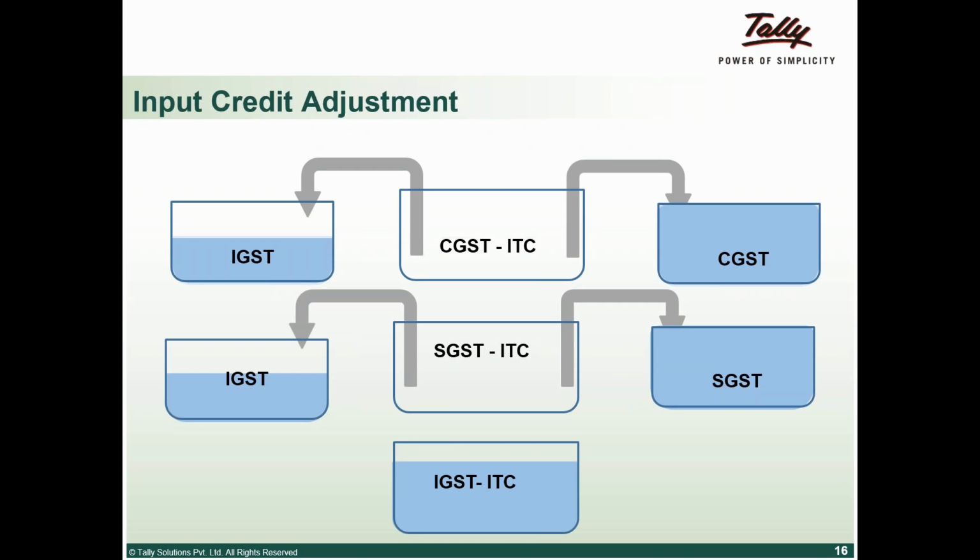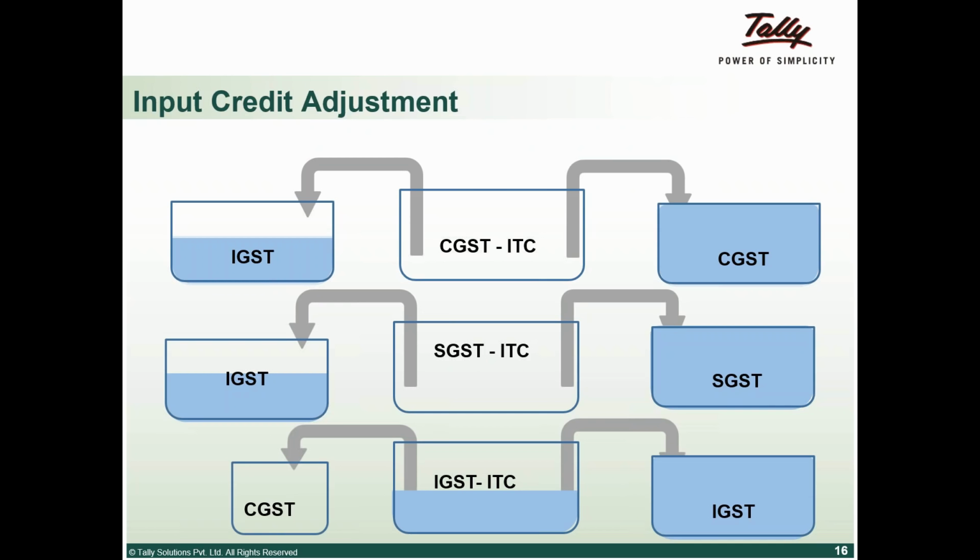So under IGST, again, it's very simple and logical that all my IGST ITC, first I need to set it off against my IGST liability, right? Now, the remaining IGST ITC, first I will set it off against the CGST liability, and further if there is any IGST ITC available for that particular month, now I can set it off against the SGST, right?